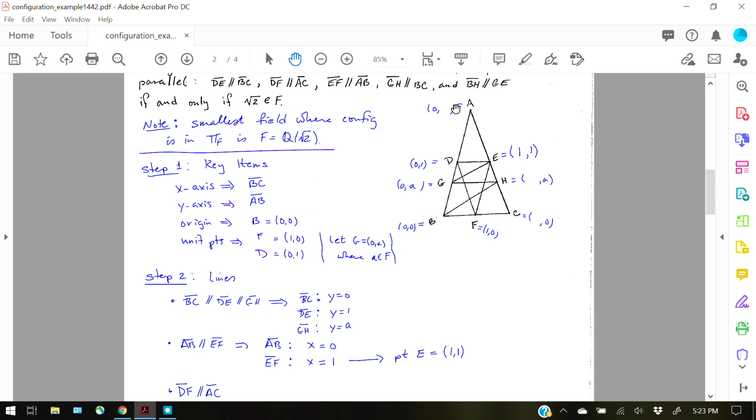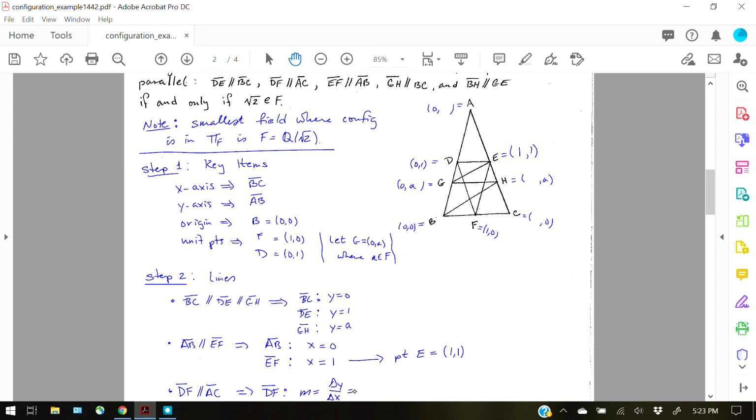AC, we don't have enough points to give the equation of this line, but DF we do. So if we look at DF, here our slope is change in y over change in x.